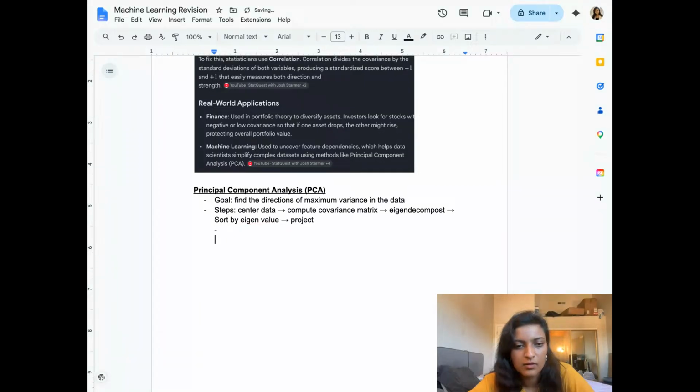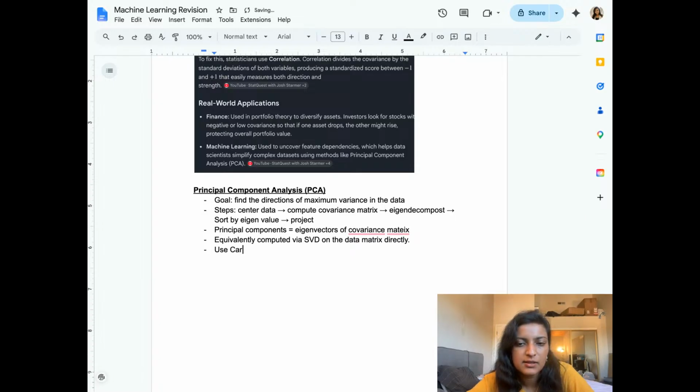So principal components are basically eigenvectors of the covariance matrix, equivalently computed via singular value decomposition on the data matrix directly.